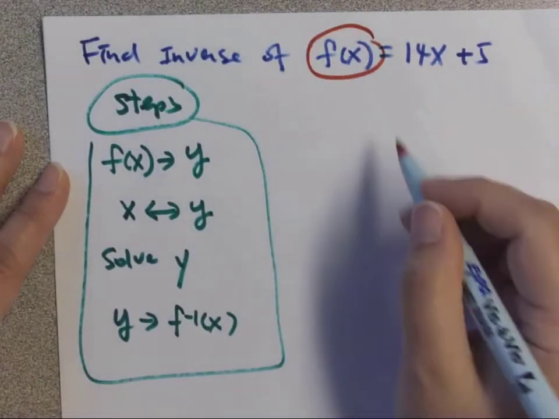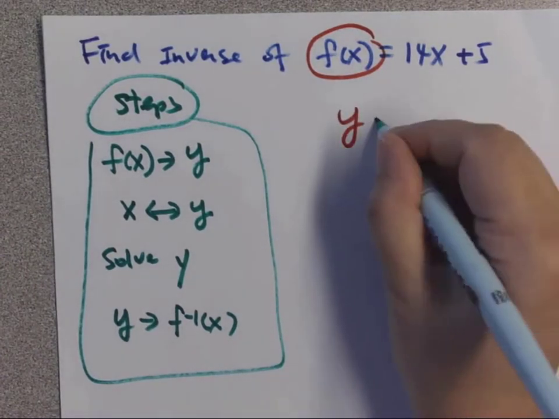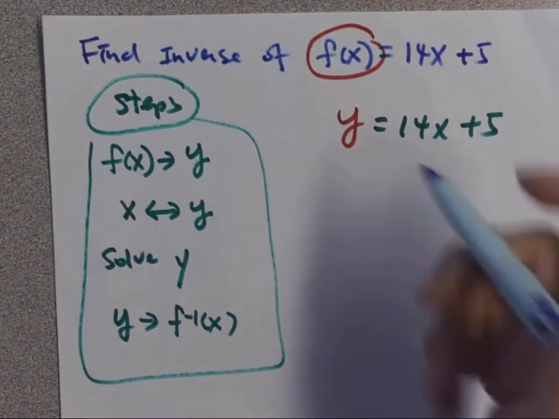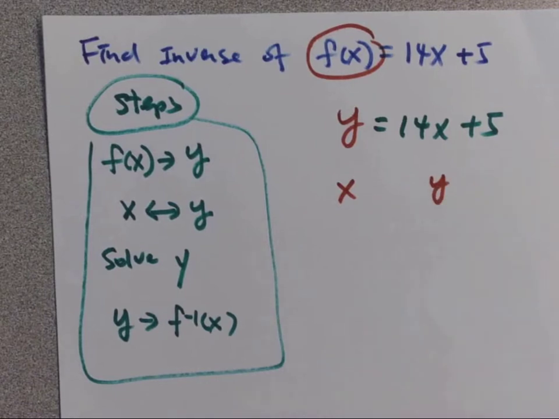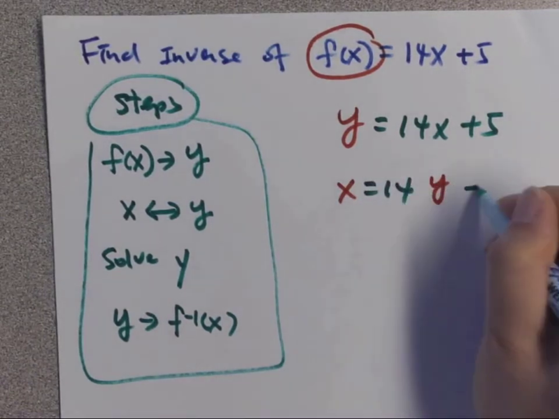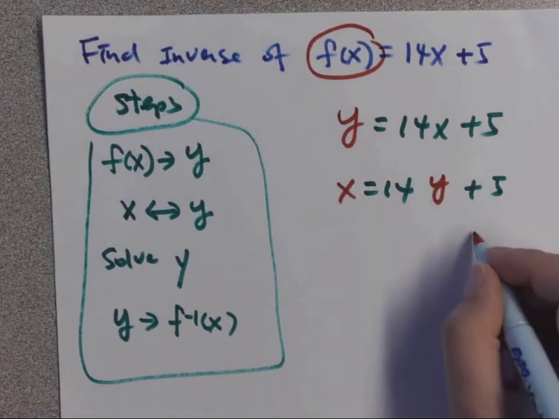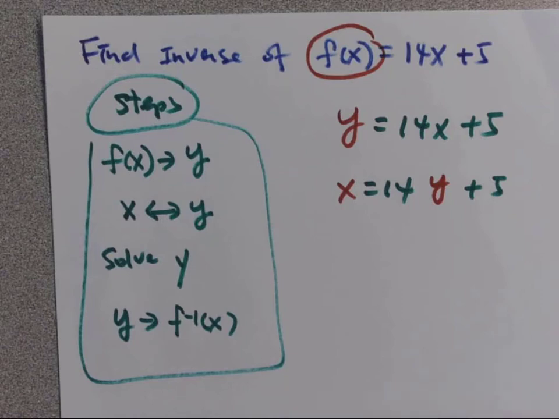My f of x becomes y equal to 14x plus 5. Then we will switch x and y. After that, solve for y by moving the 5.